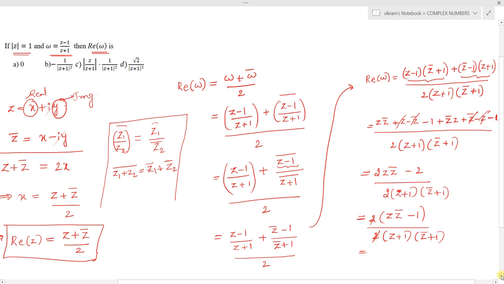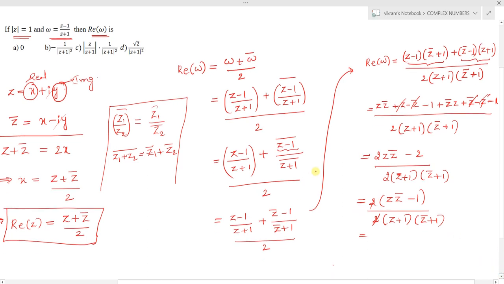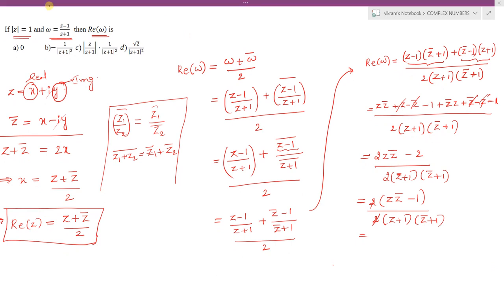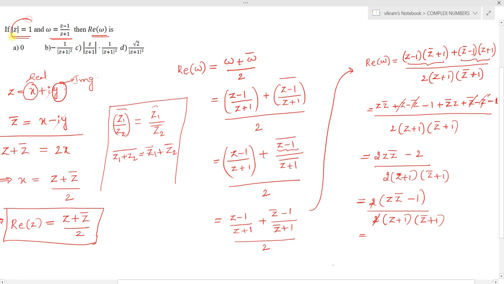And what will we get over here? He has given that mod z equals 1. Whenever in competitive examinations a mod z is given, always try to find the square of the mod z.